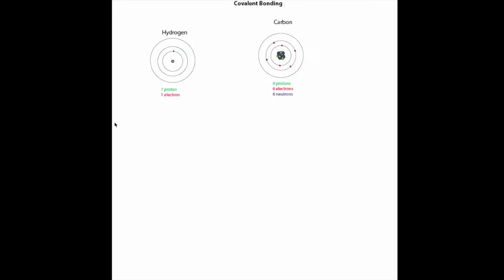So if I quickly draw a sketch of hydrogen here, I'll draw the hydrogen atom here and put the nucleus in the middle. I'm just going to draw the outer shell of carbon there. There's carbon, carbon and hydrogen. I'll just choose a different colour for the electrons here.